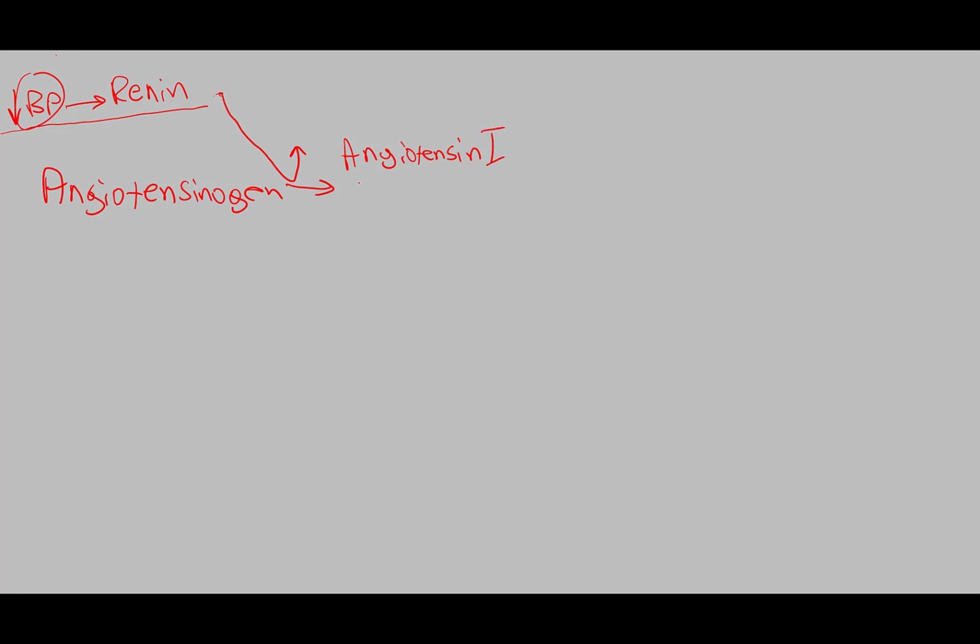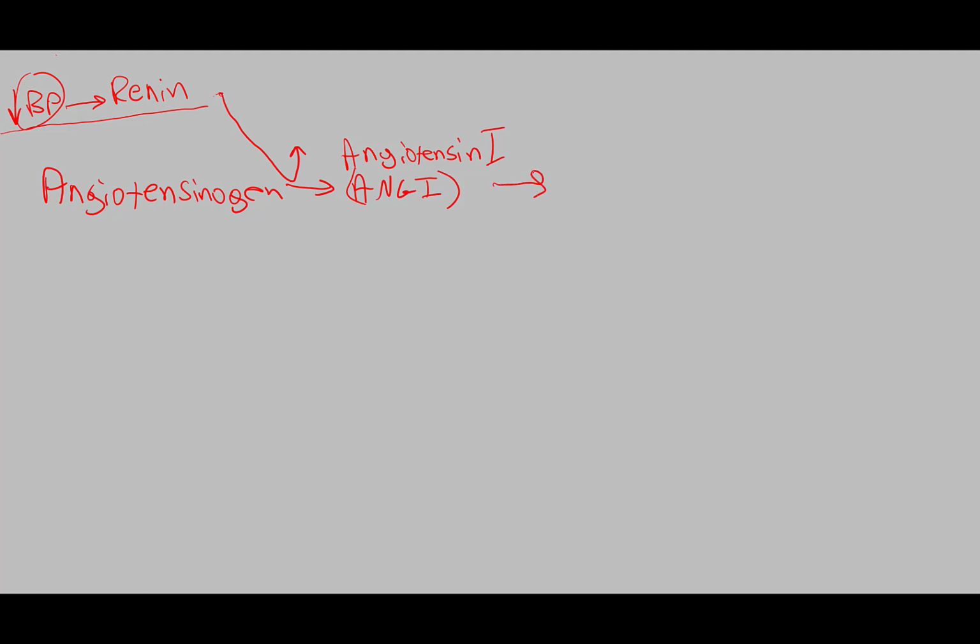Turns it into something called angiotensin 1, which is usually abbreviated ANG1. So let's say this again. When there is a drop in blood pressure, the kidneys release renin. Renin takes angiotensinogen that's in the blood and converts it to angiotensin 1, or ANG1.